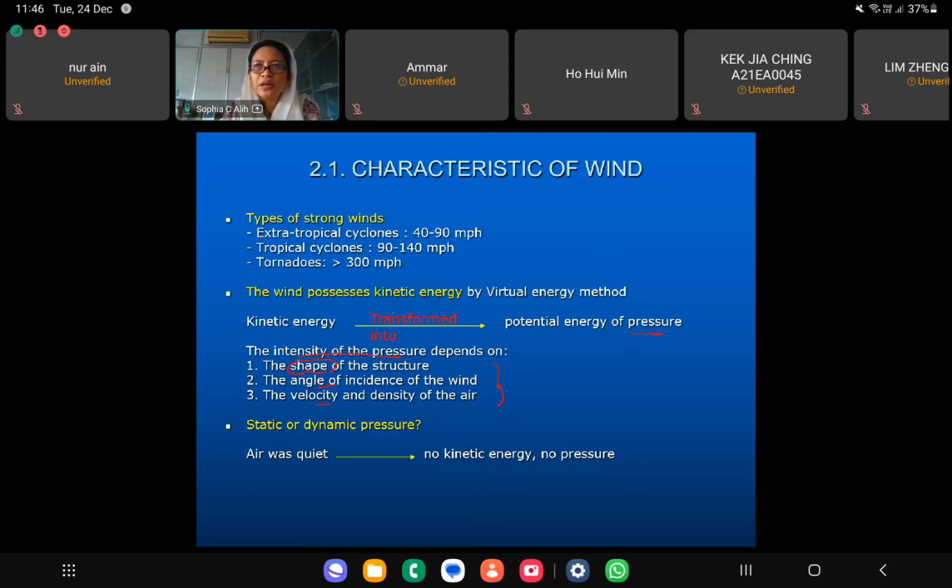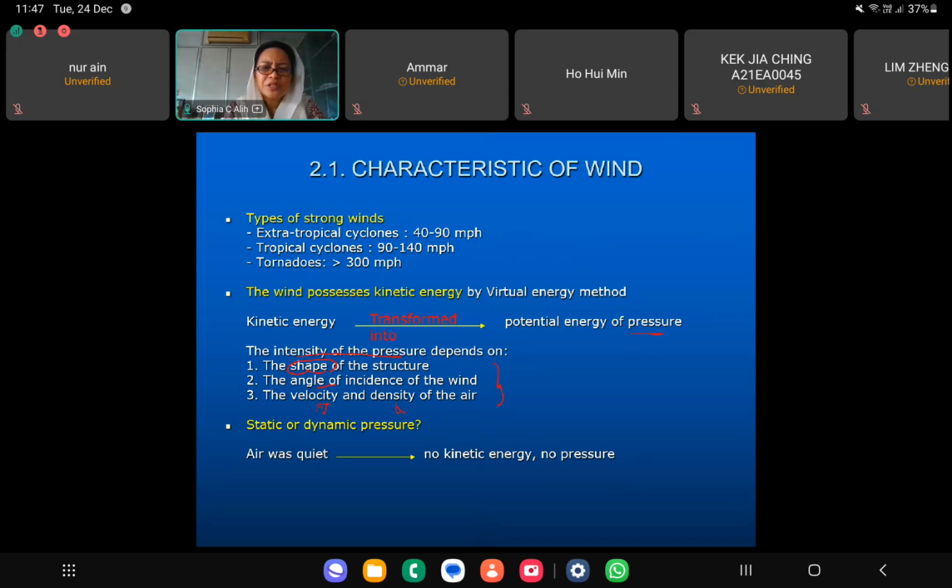And during your calculation using the code as well, the first thing that you have to determine is the velocity that is going to be used, and this one normally you refer to your national annex, and what is the density of the air, and also the angle of the incidence of the wind, whether it is going to be blowing on the front, on the side, on a certain angle of your structure also matters, and also the shape of your structure.